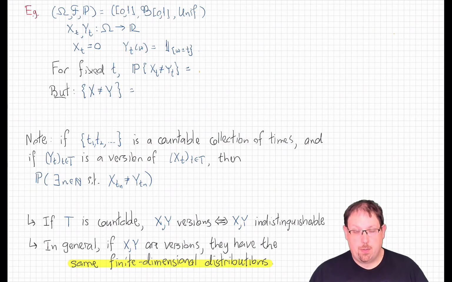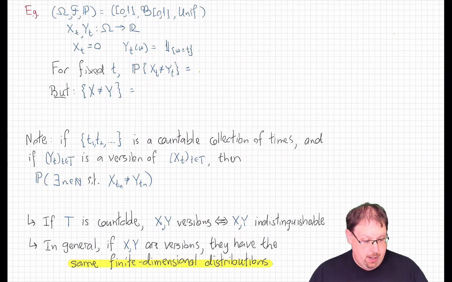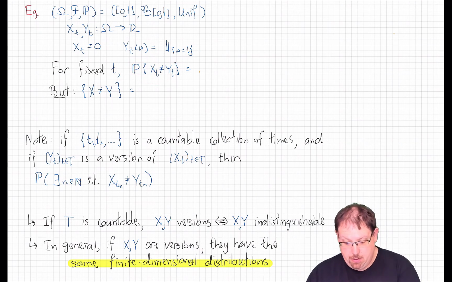It's equal to 0 most of the time, but Yt of omega is equal to 1 if and only if omega equals t. You see, the time interval t, where these are defined, is the unit interval as well, which happens to be the probability space that we've formed. Now, for each fixed t, the event that Xt is not equal to Yt, well, since Xt is 0, that's the event that Yt is non-zero.